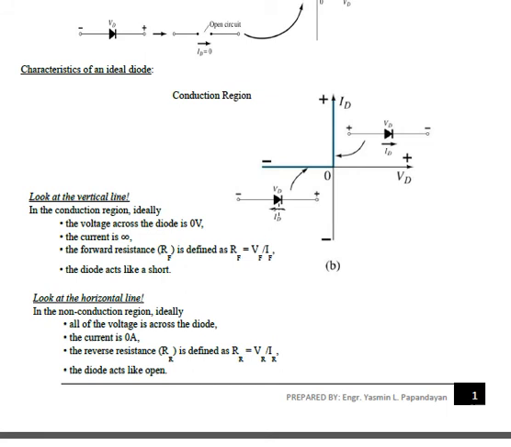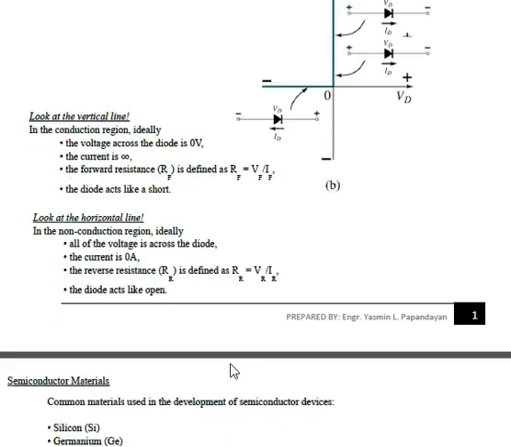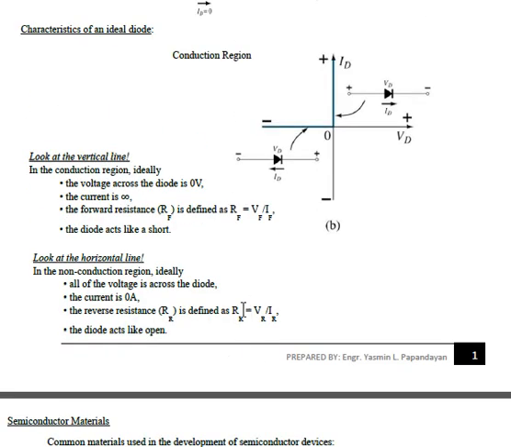The resistance is defined by Ohm's law: R equals VR over IR, but since our current is equal to 0, this diode acts like an open circuit. Somewhat like it has a resistance of infinity.